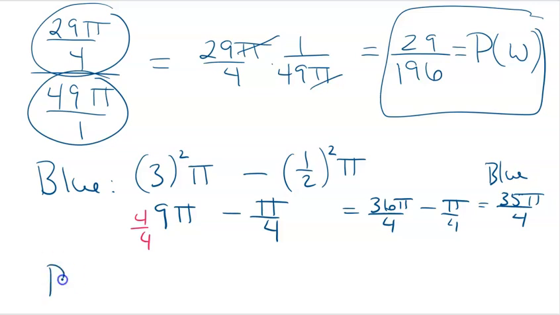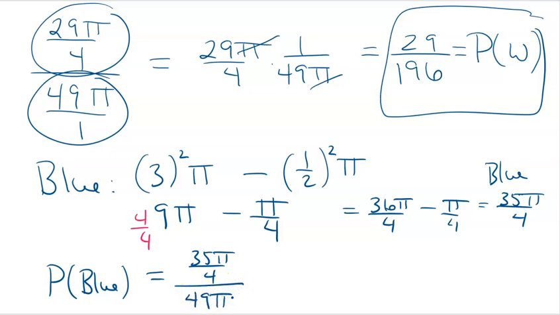Now to find the probability of blue, I have to take my blue area, which is 35 pi over 4, and divide it by the total area, which is 49 pi. Now once again, I have to simplify a complex fraction. I am taking this fraction and dividing it by this fraction.